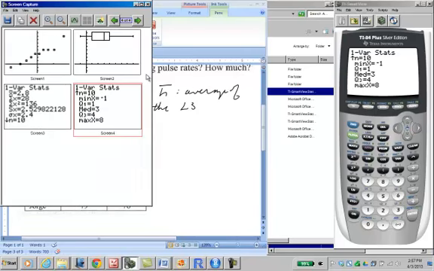And so here's what we have so far. So this x-bar that's listed in our output is really d-bar. And Sx is the standard deviation of the sample. So we'll call that d-bar.